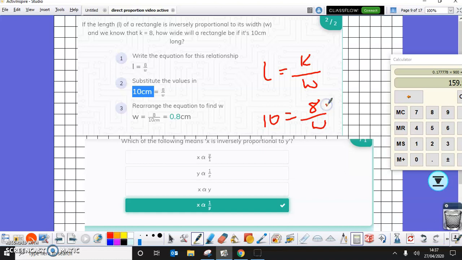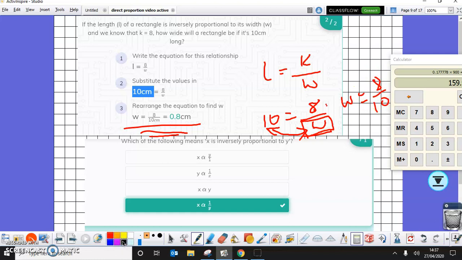How do I get rid of this? Now it's very easy to see this bit here. Okay. How do I find W on its own? Well, if you've got a fraction like we have here, and we want the subject of the fraction to be on its own, we can swap these round. So W equals 8 divided by 10.